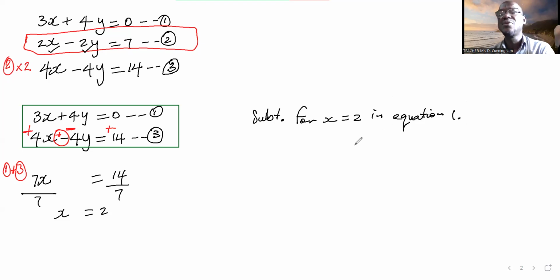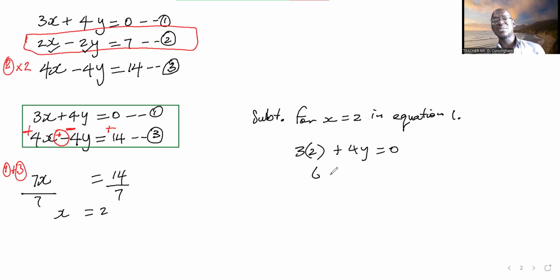You could use any equation again, but the same answer. So equation 1 is 3x plus 4y equals 0. I'm just going to put 3 times x, which is 3 times 2, plus 4y equals 0. 3 times 2 is 6, plus 4y equals 0.